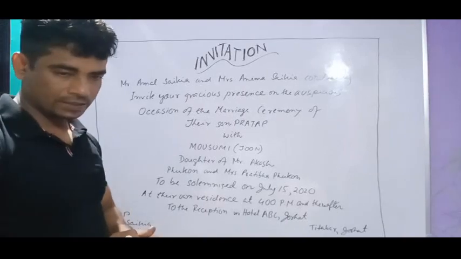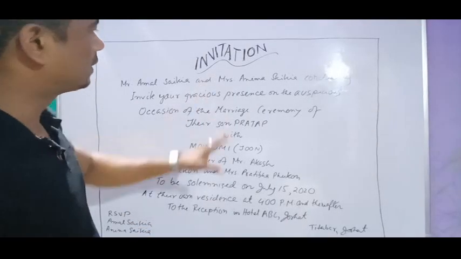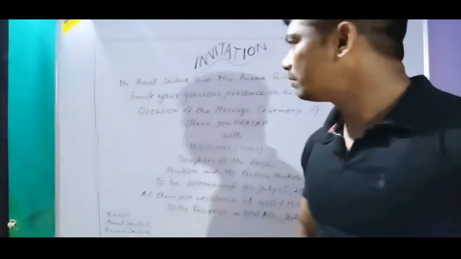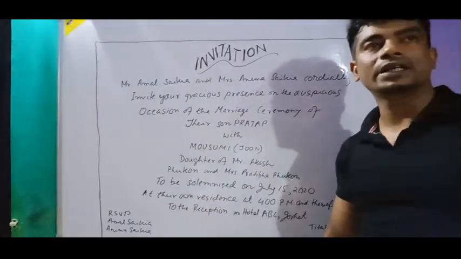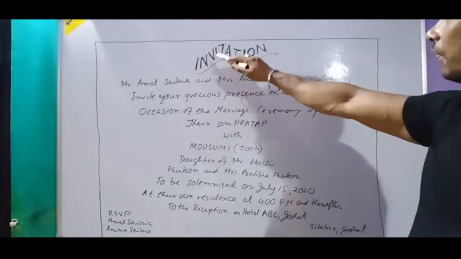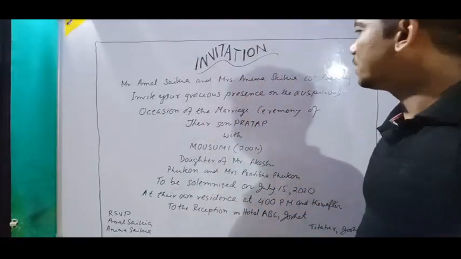So this is the invitation, and I would like to again show you or read it out if my handwriting is not quite legible. First, I have written invitation here.